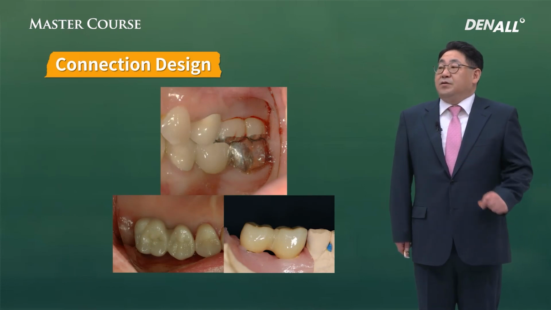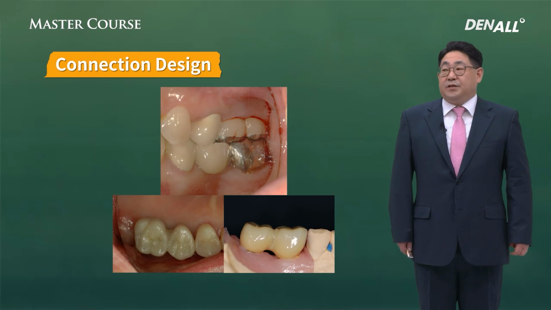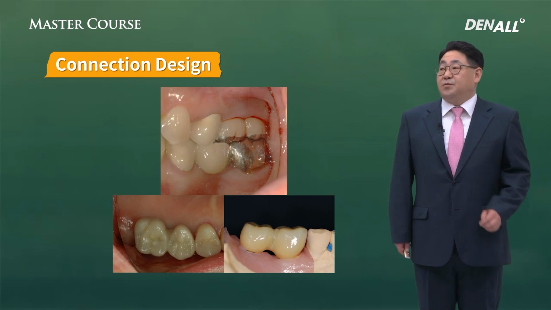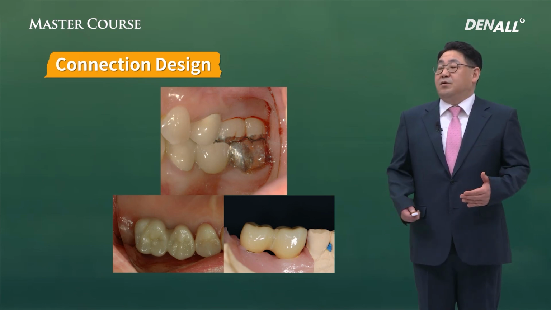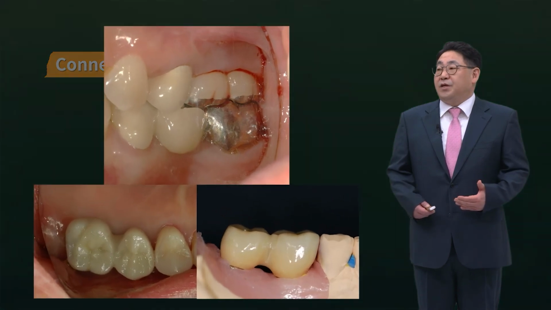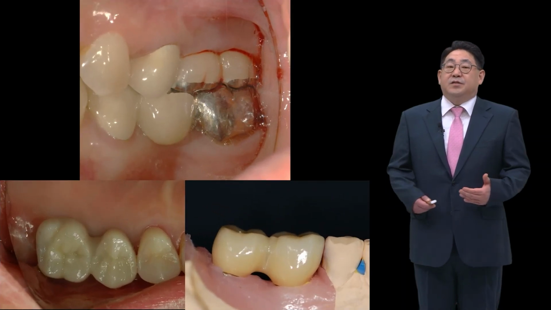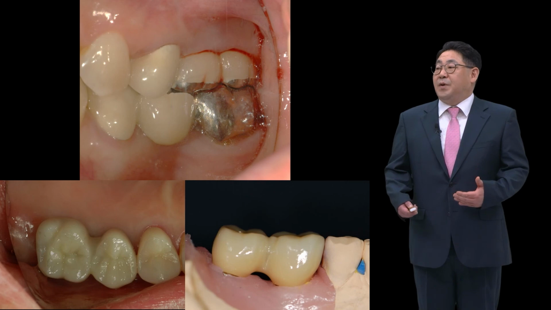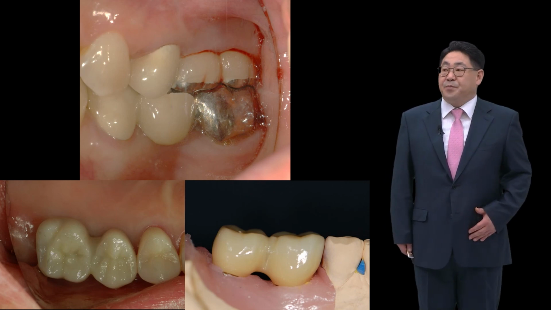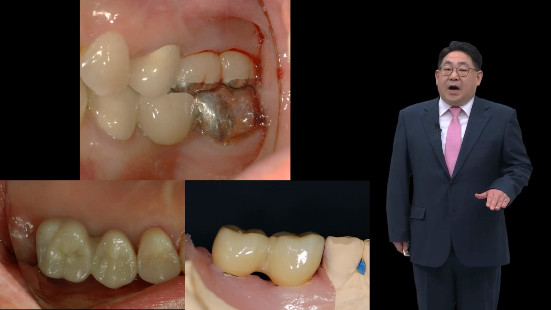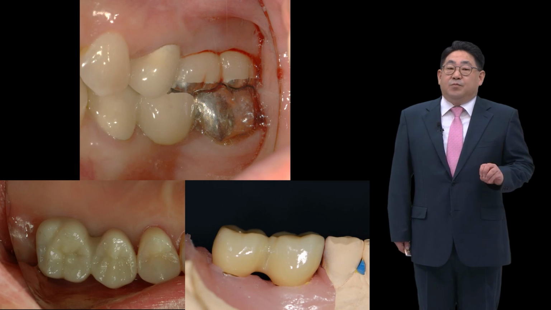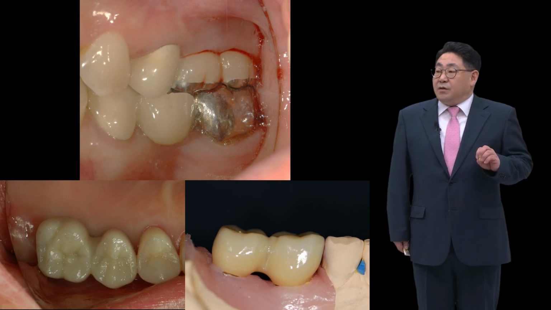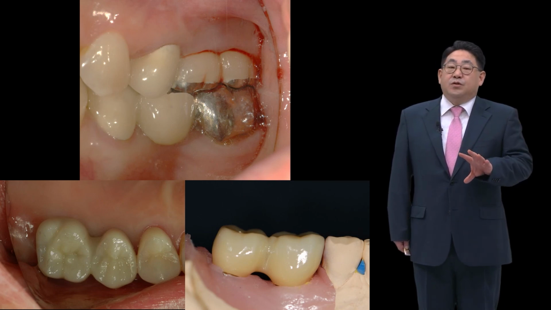There can be different connector designs. If you look at the image on top, the connector area is too filled up, therefore self-cleansing was not possible and inflammation continued to occur. If you look at lower right, the prosthesis, the connector area is covered.